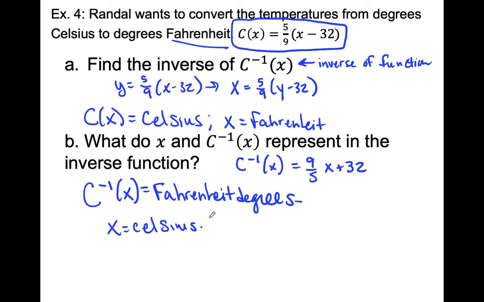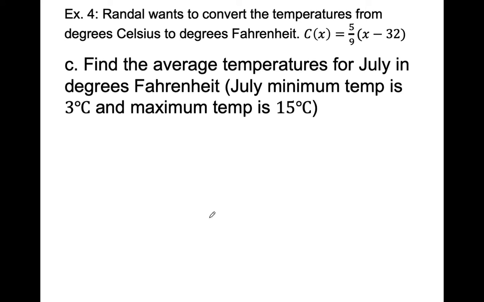And then they'll probably ask you to solve some problems related to this, and I believe there's a C. Yes, so here's letter C. Again, I'll rewrite our equation. So find the average temperatures for July in degrees Fahrenheit, and then they're giving you the minimum temp and the maximum temp, okay?